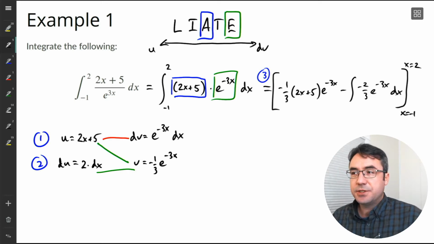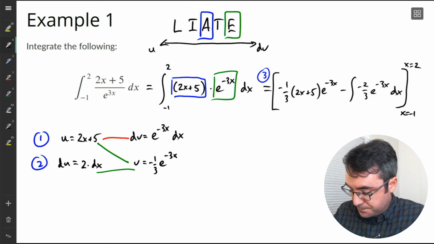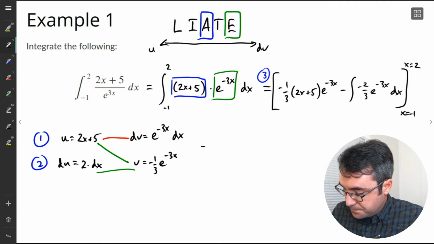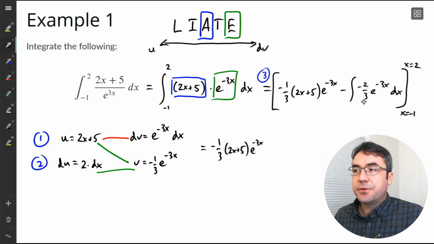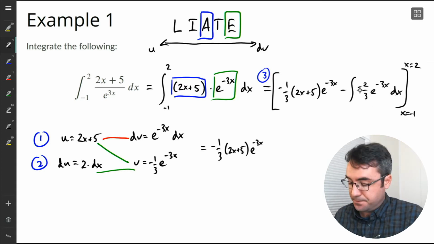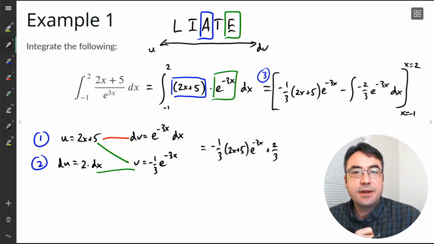But let's just get the remaining antiderivative. So we're going to have that negative 1/3 2x plus 5 e to the negative 3x. We're done with that part. Now let's get the remaining antiderivative. The negative 2/3 is just a constant multiple, so we'll combine that with the negative out front, and that'll just give us plus 2/3.